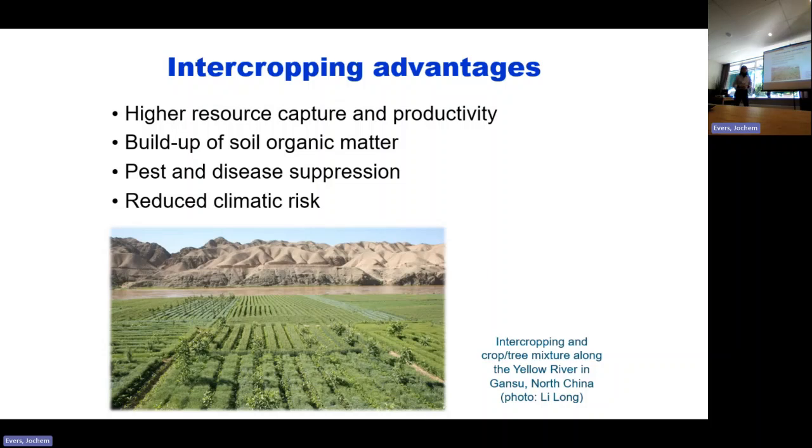On the other side, there is no crop, so a lot of sand. It's yellow, and on this side, it's a lot of green with intercropping and crop-tree mixture. So it can produce not only green, but also food for people living in this area.